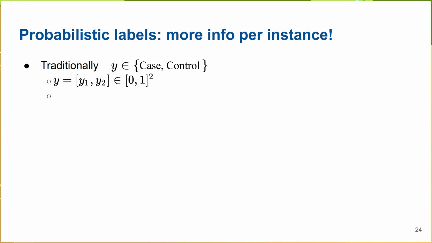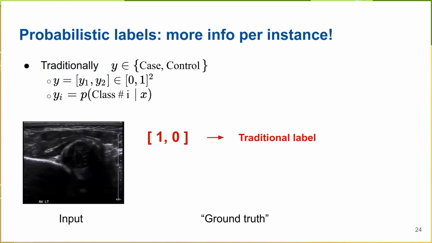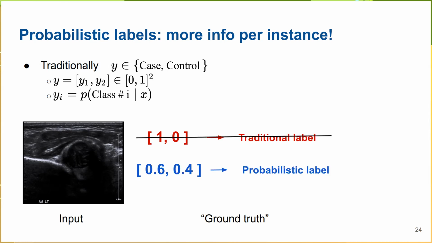But now what we are proposing is that these labels are going to be real numbers between 0 and 1, and not only any real number, it's going to be the probability that some instance belongs to class 1 or belongs to class 0. So for example, if this person has dysplasia, then the label is 1, 0. What we are proposing is, no, don't use that label, use the label 0.6, 0.4. This image has a 60% probability of having dysplasia, but 40% probability of being healthy.